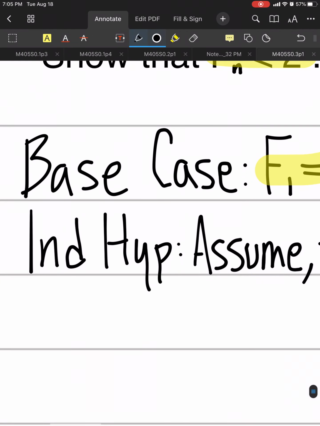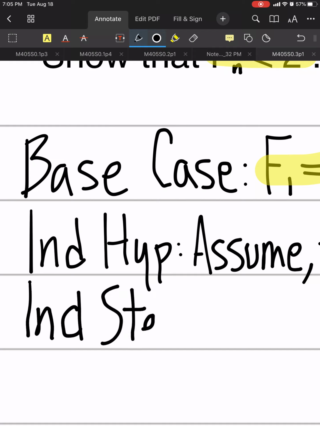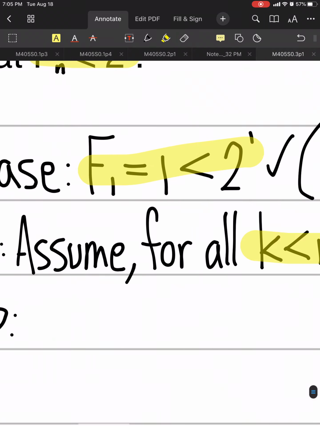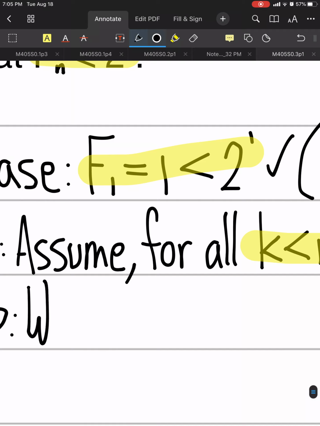Here, I'm going to start this out with a we want to show. This part is actually really easy.